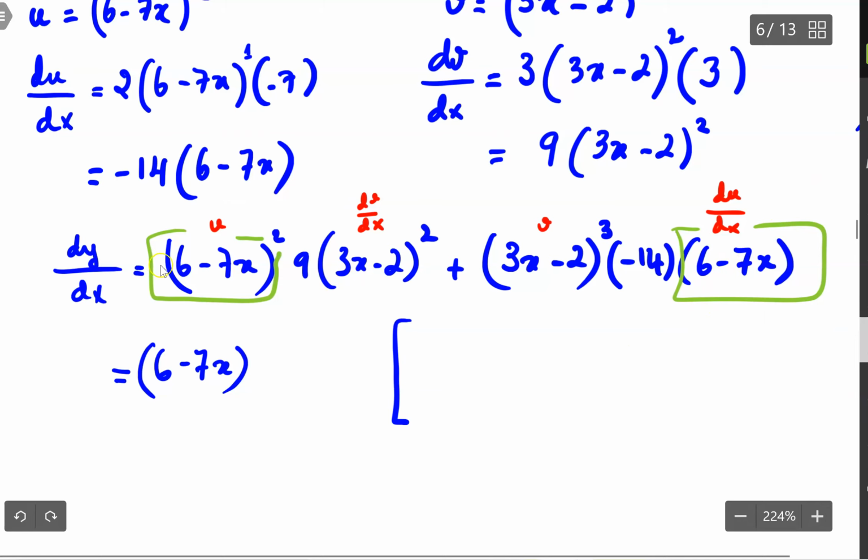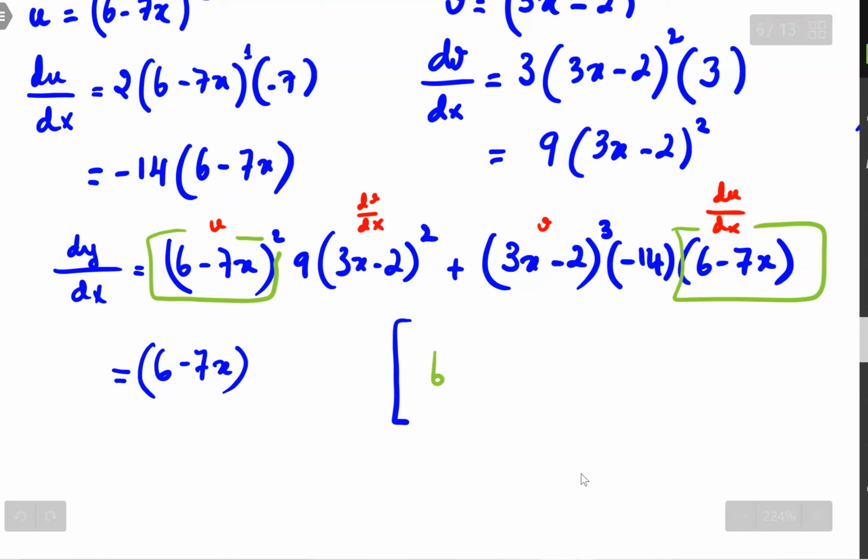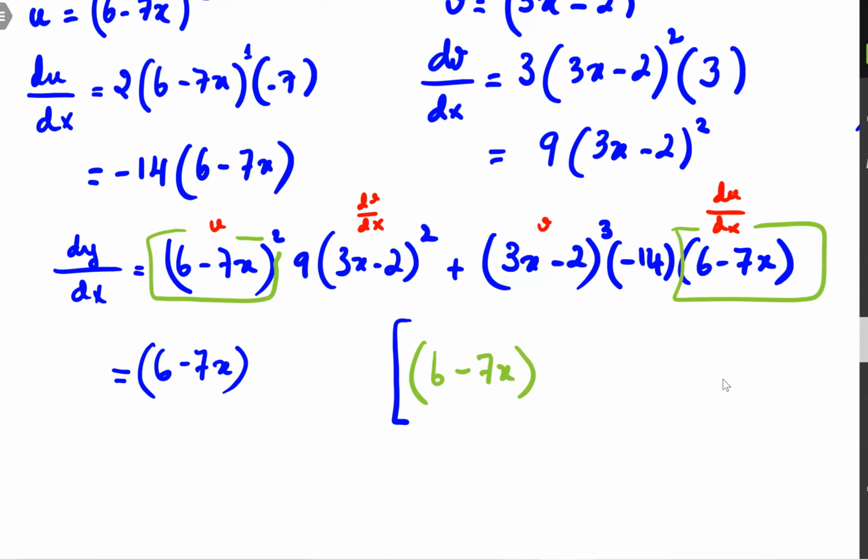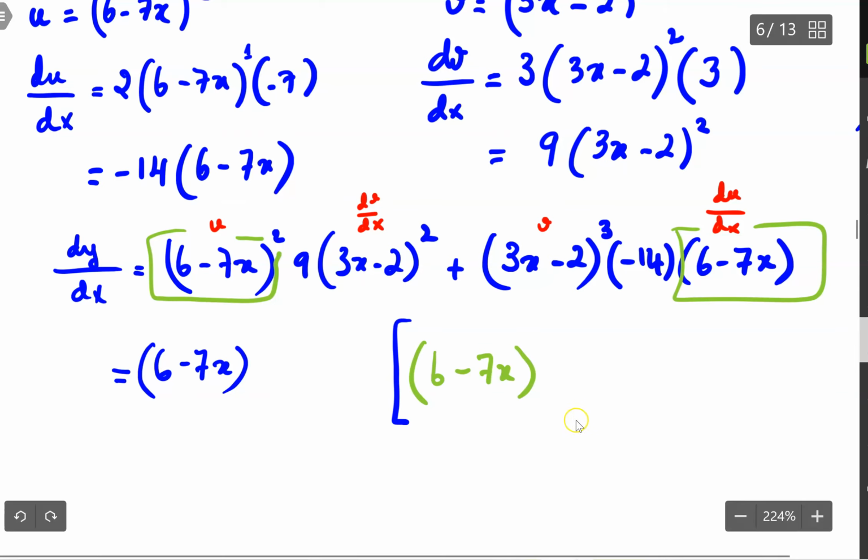But in this whole expression, you will have the 6 minus 7x left over. I will write it in green because it's whatever is left inside the bracket because of the green box that I highlighted for this. 6 minus 7x will be raised to the exponent 1, right? Because if you take this and multiply them back, you get a square.